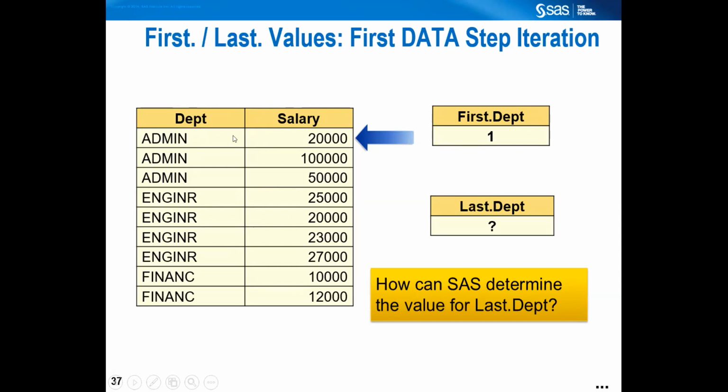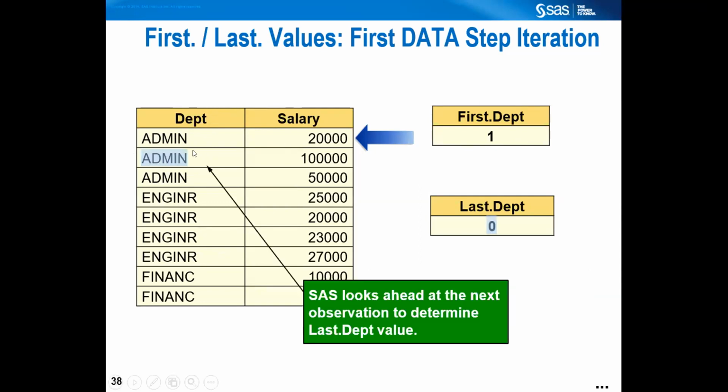SAS processes the data sequentially from top to bottom. When this value is read, SAS looks at the group of values of department. Within this group, the current value of department is the first value. Hence, its first dot department value will be 1. When it looks ahead in your data, it finds it is followed by another value. Hence, this value is not the last observation within this group of values. Hence, its last dot department is 0.